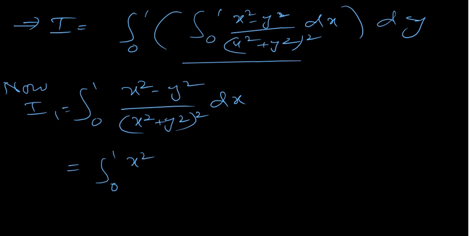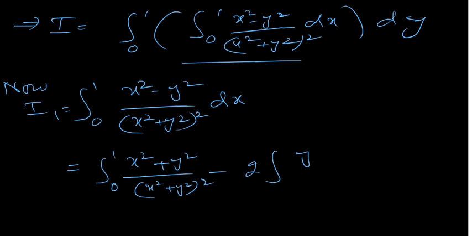It's x square plus y square, then minus 2y square, over x square plus y square whole square, and minus 2 times integral of y square divided by x square plus y square whole square. Okay, let's denote this as j1 plus j2.